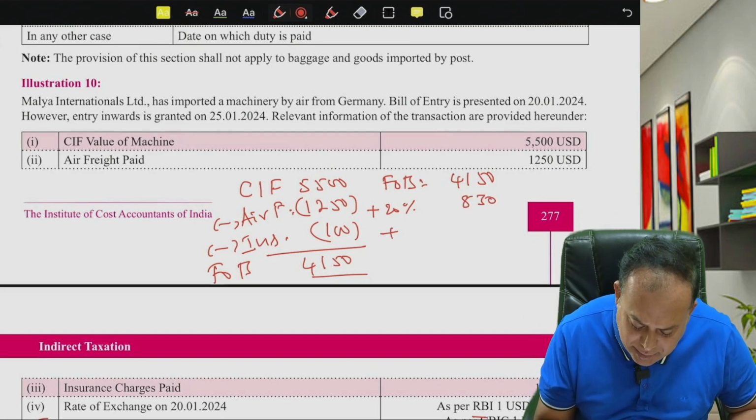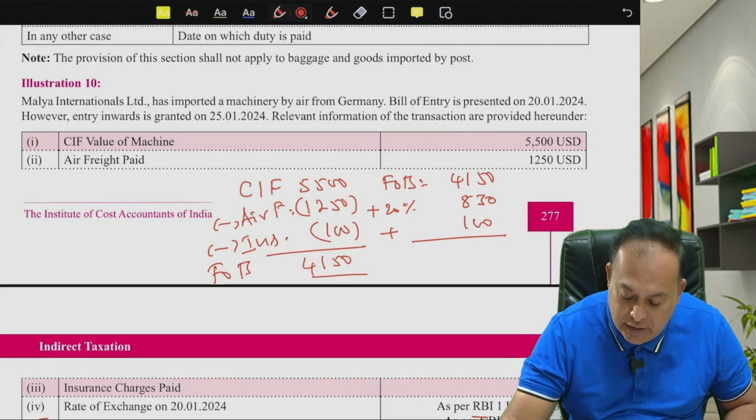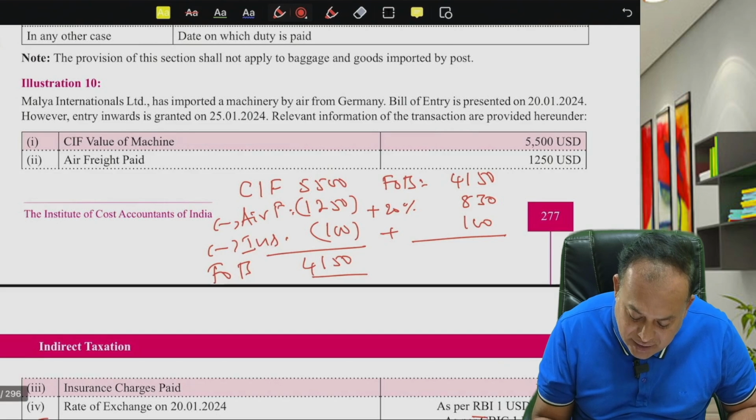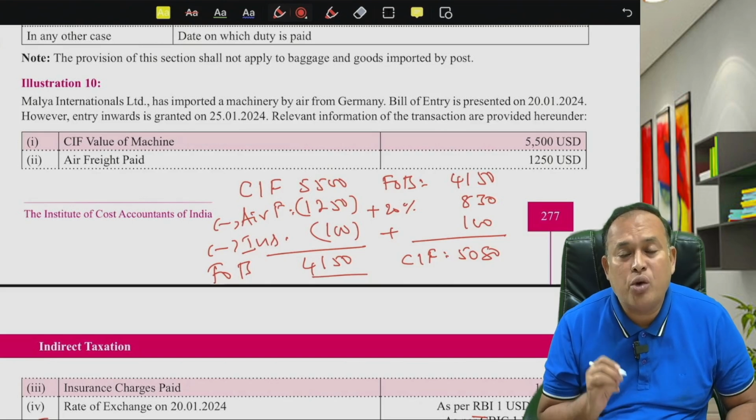Then insurance is 100, the actual should be taken. So now we get the revised CIF value: 4,150 plus 830 plus 100, which is our assessable value for payment of import duty, 5,080 US dollars.